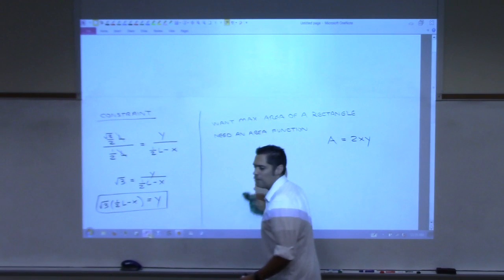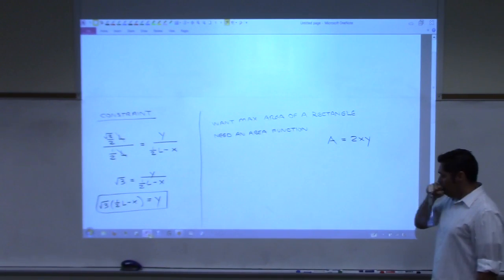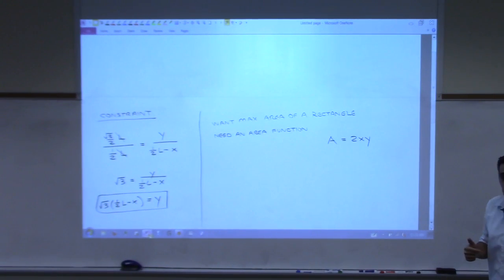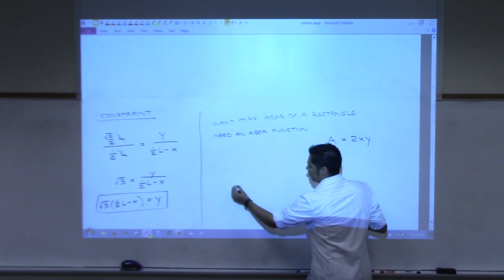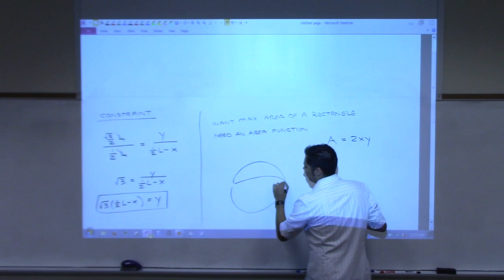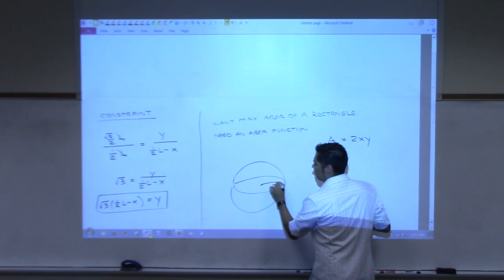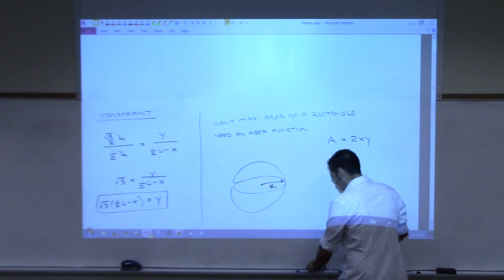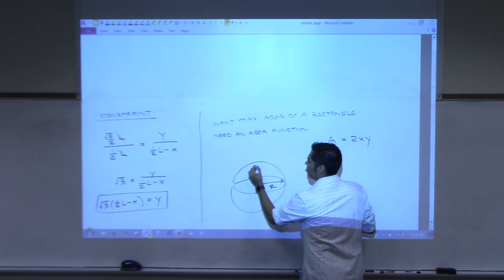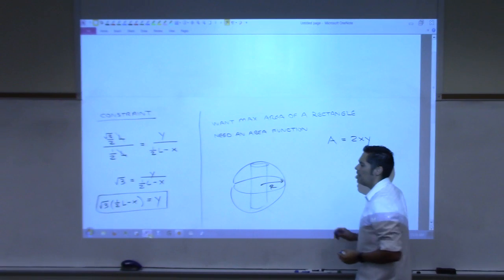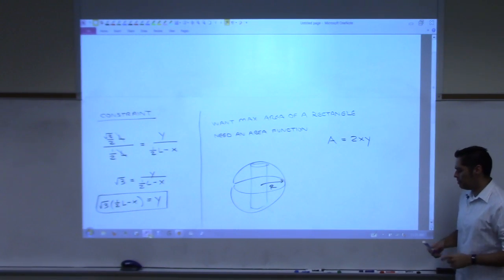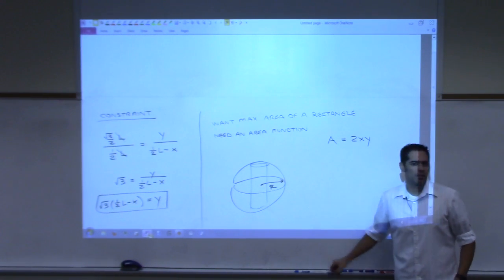The problem that I do on video that I suggest you go back and watch is even more complicated than this. It's a three-dimensional sphere, with the radius fixed at capital R, and you're inscribing into this a right cylinder. And you're trying to find the maximum volume of that cylinder.